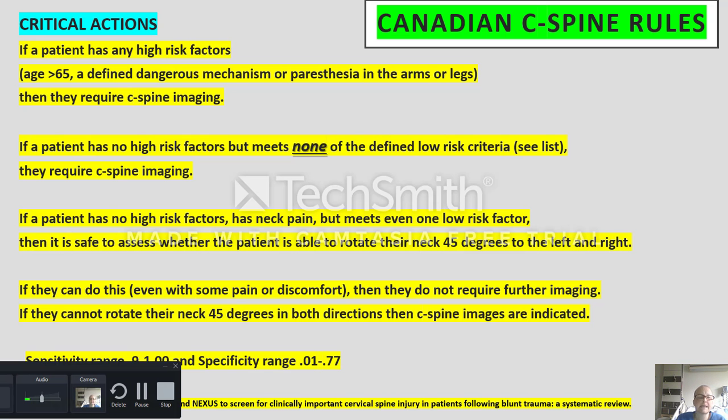Okay, Canadian C-spine rules. Critical actions here.